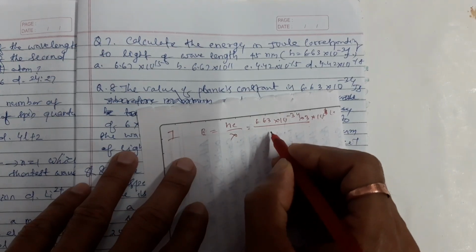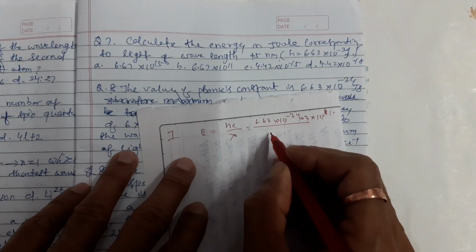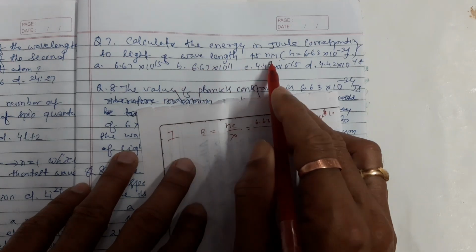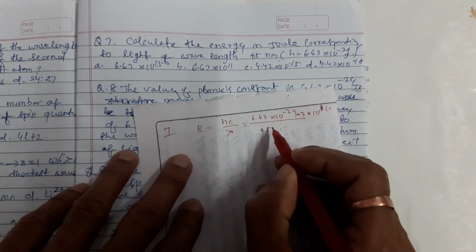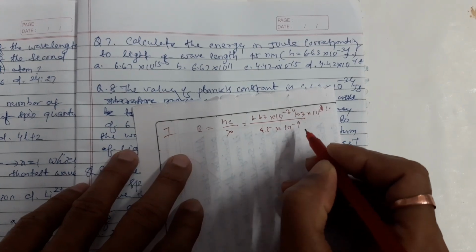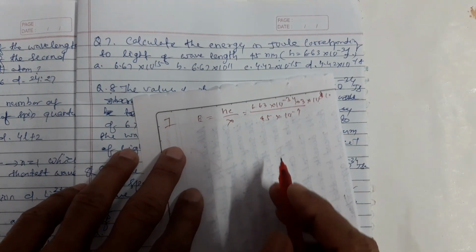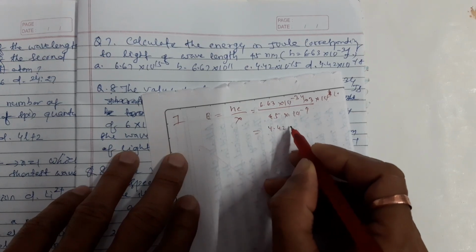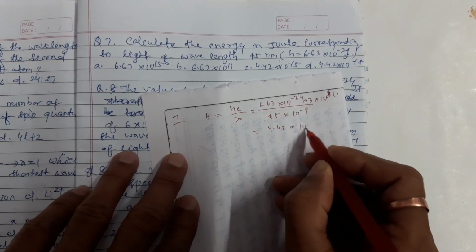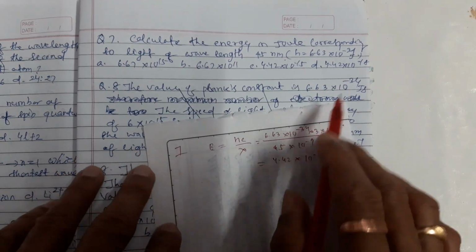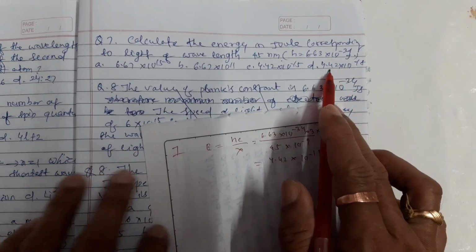Lambda is given as 45, and if it is nanometer, then 10 to the minus 9. By solving you will get 4.42 multiplied by 10 to the power minus 18. So choice D is the correct answer.